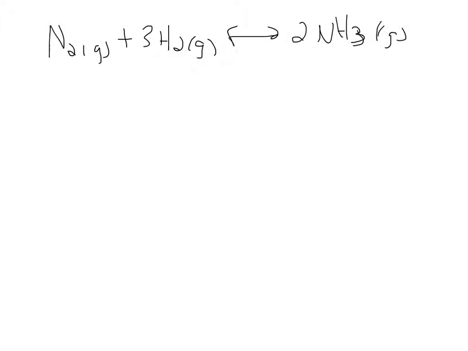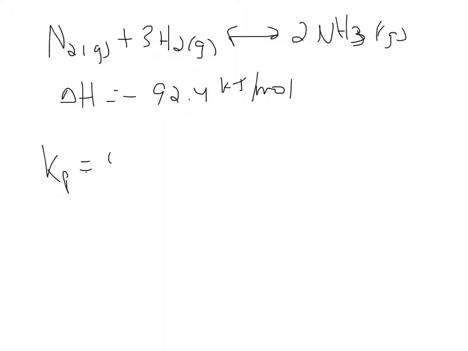And for this process, delta H, we'll throw that into the mix here, is negative 92.4 kilojoules per mole. And if we look at the equilibrium constant for this process, this is Kp. At 300 degrees Celsius, it's 4.34 times 10 to the negative third. We'll write that down at 300 degrees Celsius.